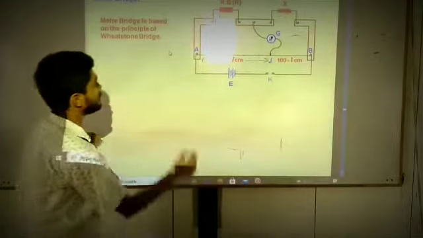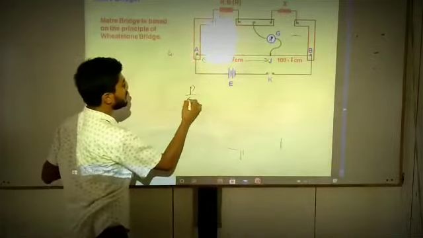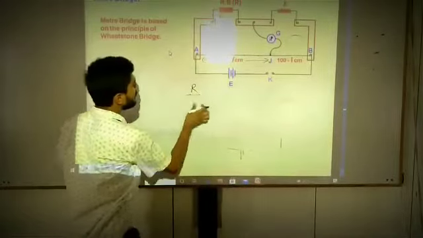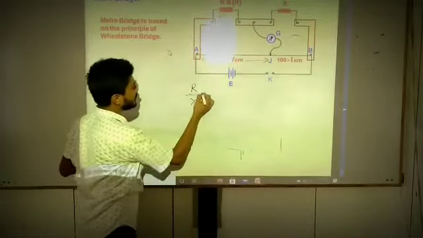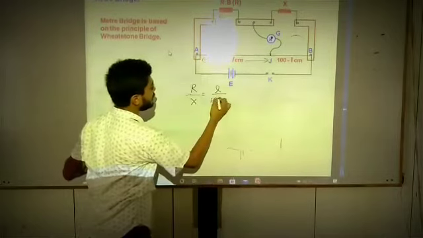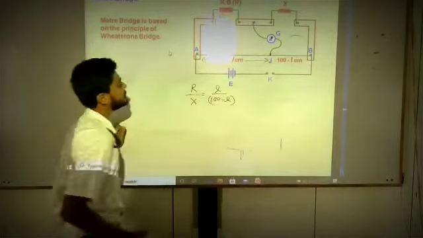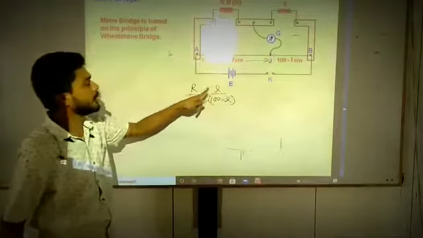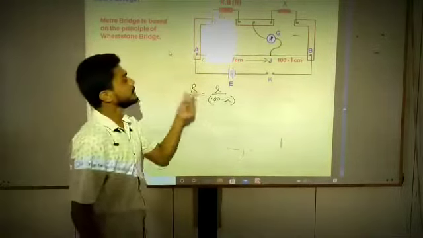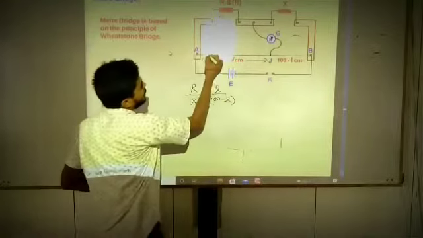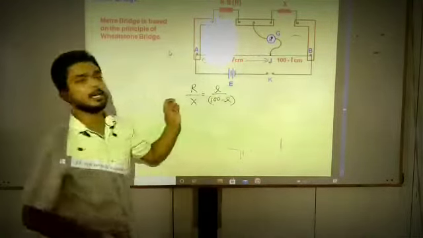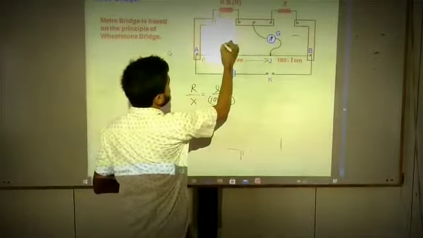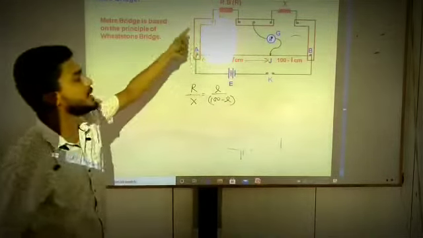And we will use the formula P upon Q. Here P is R and Q is X, equal to L upon 100 minus L. So R upon X is equal to L upon 100 minus L. Suppose K is the resistance per unit length.